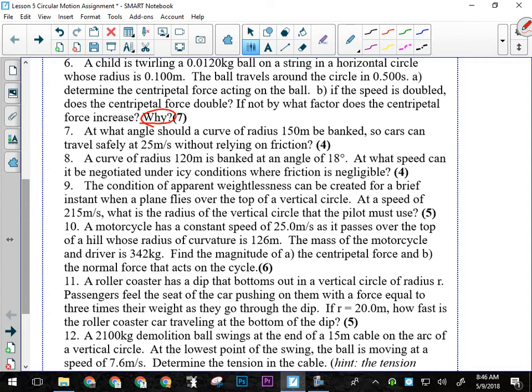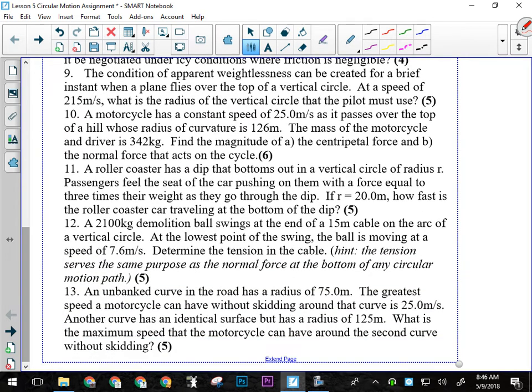We know how to do that kind. So you've got a few vertical circular motion questions there, and then it finishes off with an unbanked curve question. There's a couple of ways to solve that one. Both would be considered correct. Just make sure that you show your work for either way that you choose for the last one.